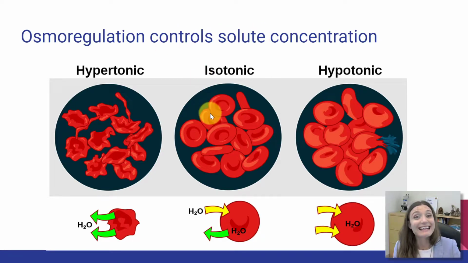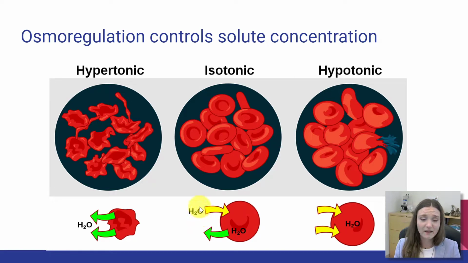We put cells in an isotonic environment. Water is still moving in and out of the cell, but it's moving in at the same rate that it's moving out. So there's no net movement of water because this is an isotonic environment. The concentrations are already at equilibrium. So water's moving in, water's moving out, but there's no net change in the concentration of water on either side of the cell.